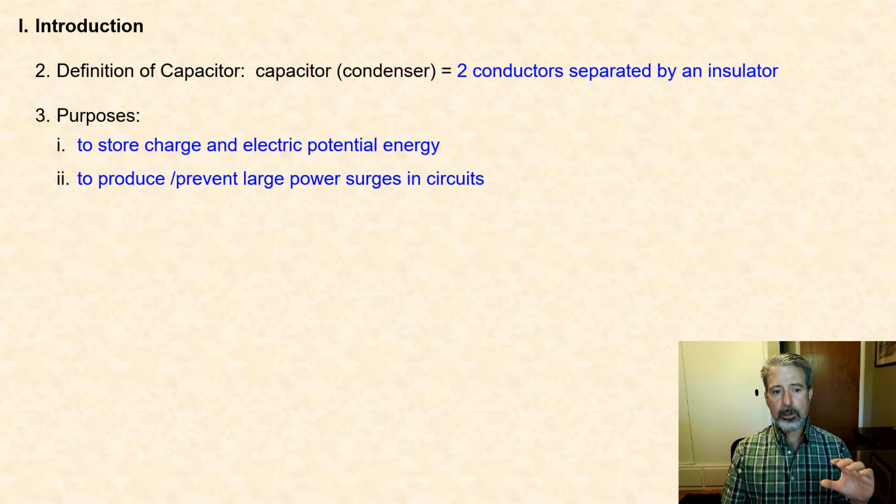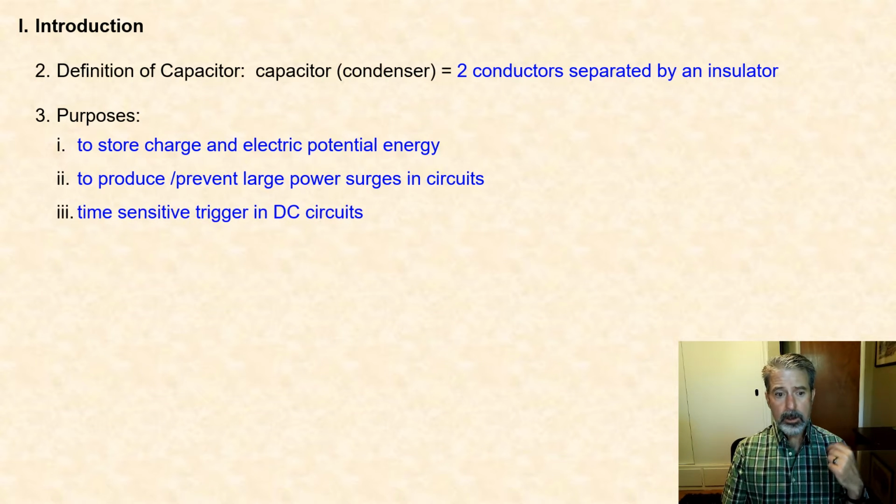By releasing it quickly, you can produce as well as prevent large power surges in circuits. Capacitors can also be used as time-sensitive triggers in DC circuits, as we'll see. These are not all, but they are some of the main reasons why capacitors are used.